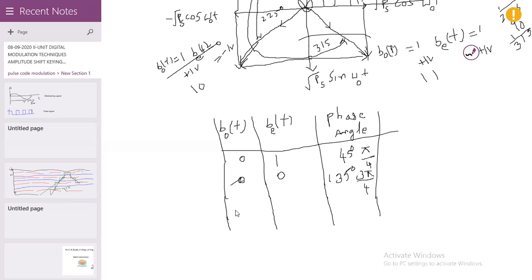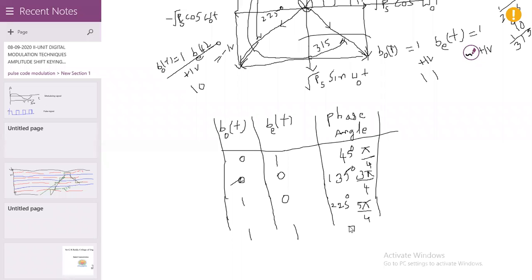Next, 1 0: 225 degrees, that is 5 pi by 4. Next one is 1 1.